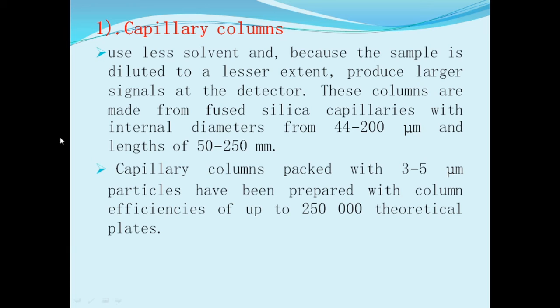Capillary columns use less solvent and, because the sample is diluted to a lesser extent, produce a larger signal at the detector. The columns are made from fused silica capillaries with internal diameters from 44 to 200 micrometers and lengths of 50 to 250 millimeters.